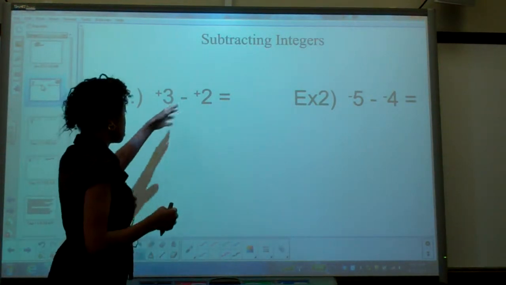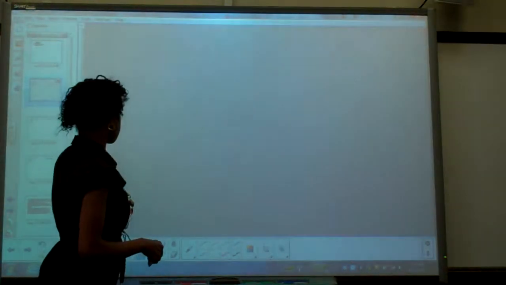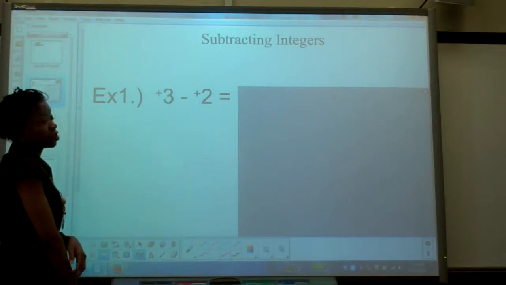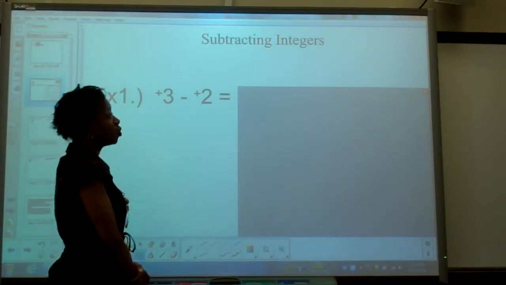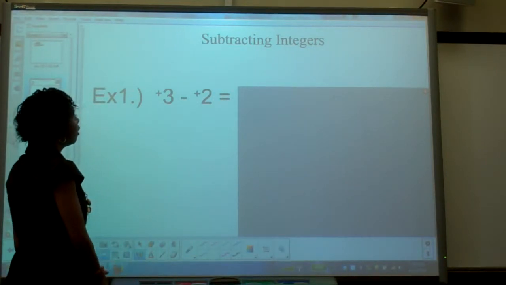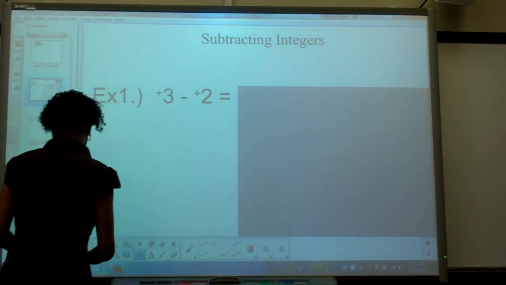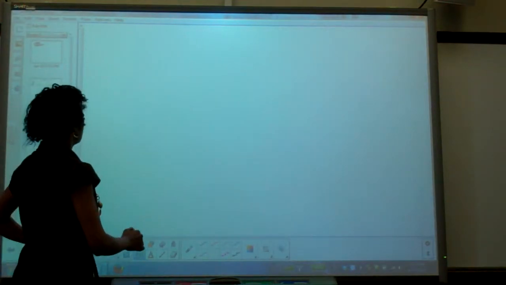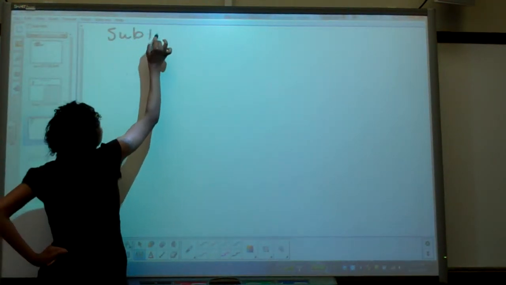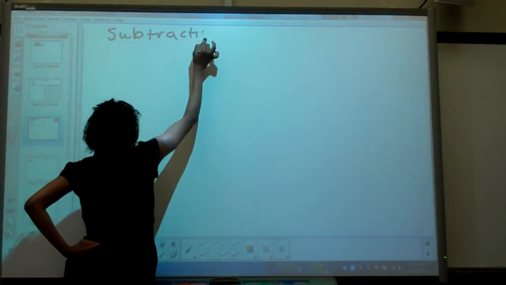Subtracting integers. Let's look at example number 1 here. For subtracting integers, if I have positive 3 minus 2, what does that mean? First of all, let's represent the first number. For subtraction, let's look at some rules.